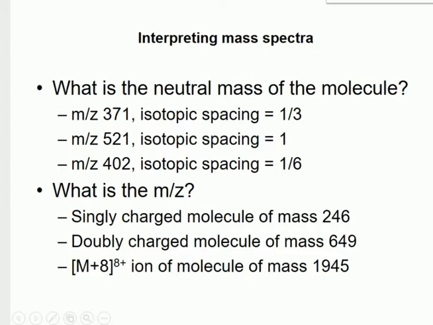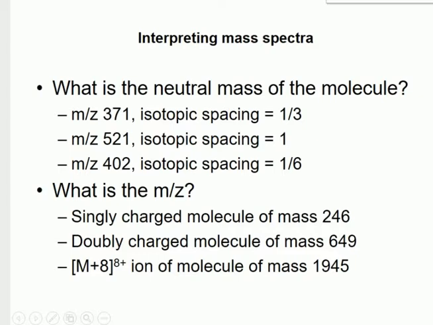Did everybody get that? So you calculate it by multiplying by 3, and then you have to remove the mass of the 3 protons that are giving it that charge.